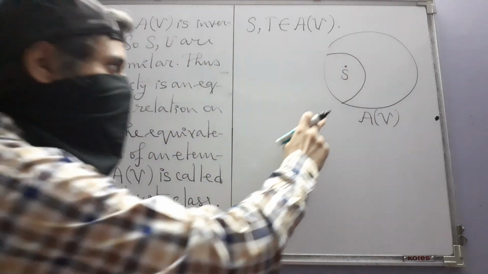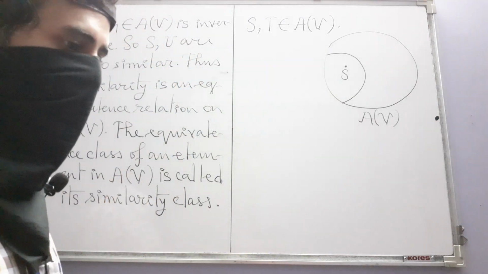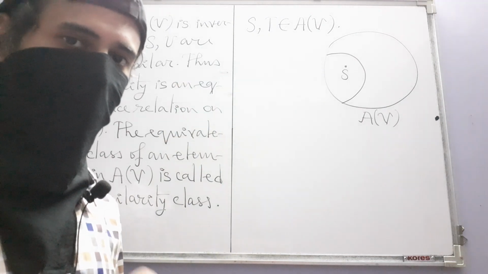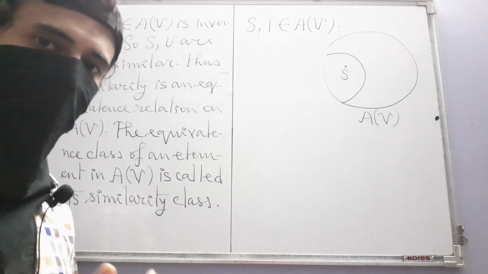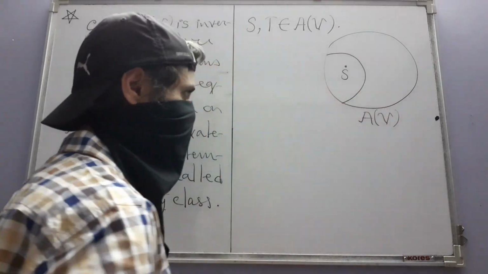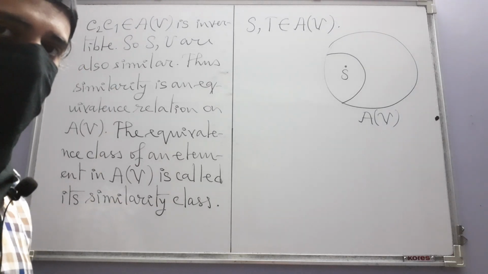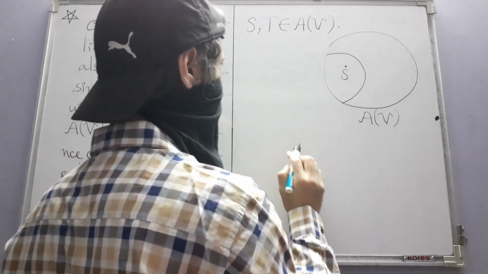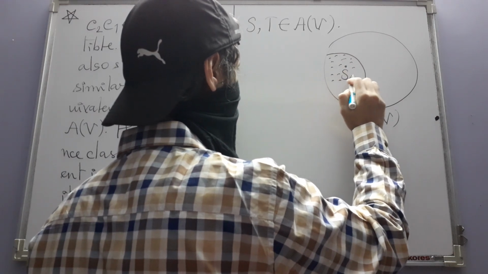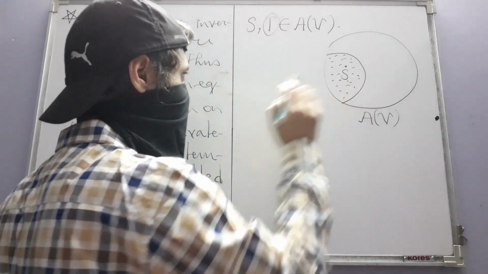The subset here, which you see, consists of precisely those operators that are all similar to S and hence similar to one another. Any element that lies outside of this subset is not similar with S. So, what you do, you scan this similarity class of S fully and look for the operator T here.